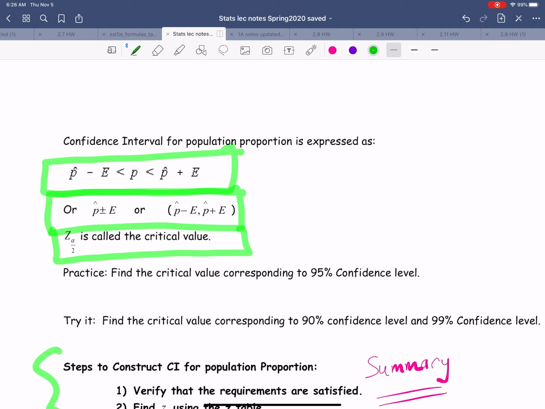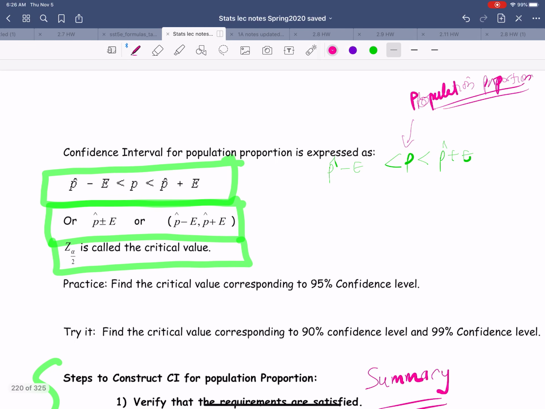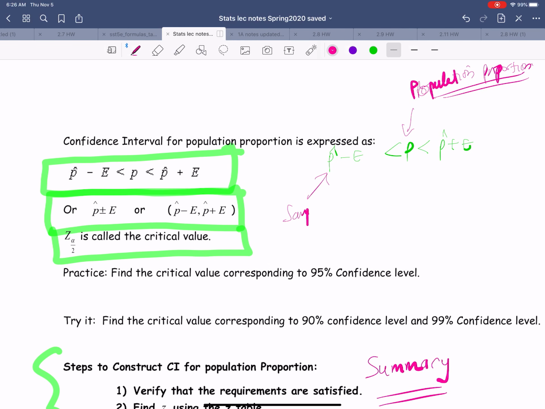So once we find the E, we will use the P hat to find the upper bound for the population proportion, and we will also use the P hat minus E to find the lower bound. So again, this is population proportion. Okay, and this is sample proportion, and this is margin of error.